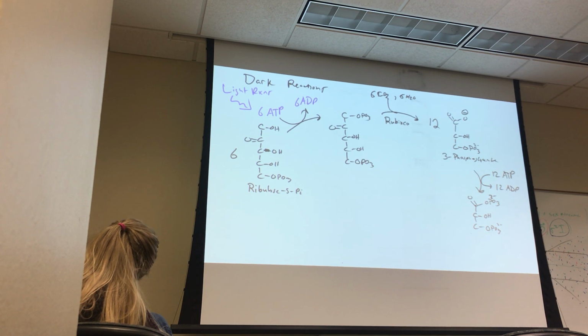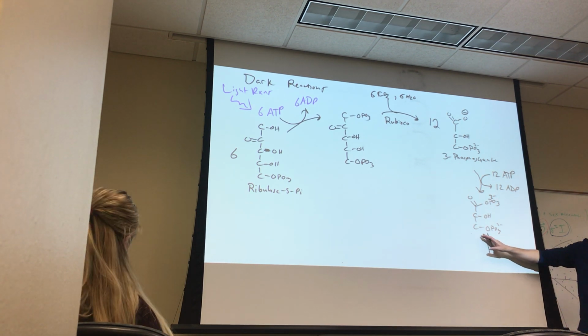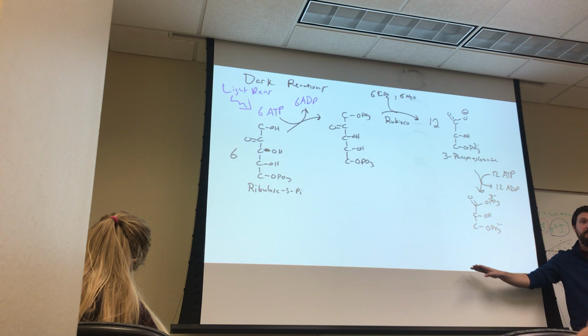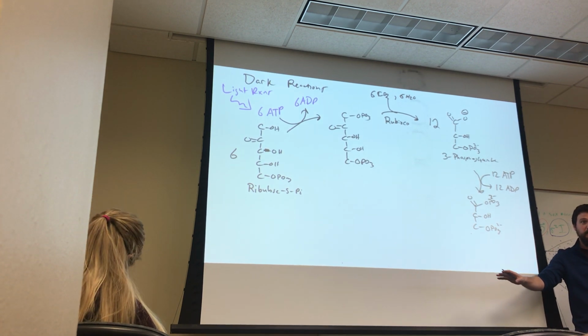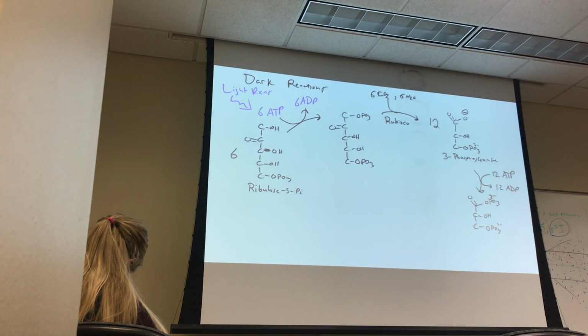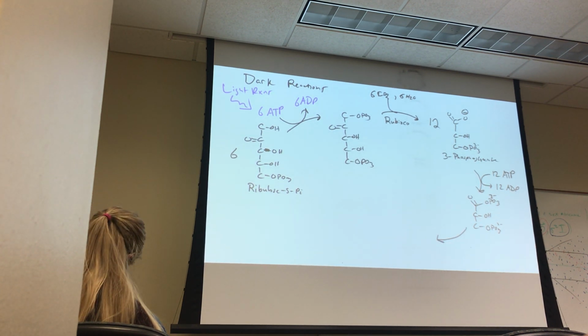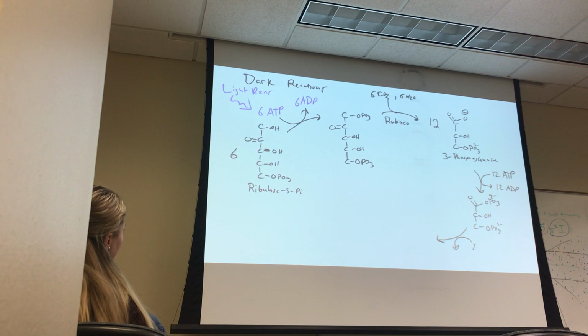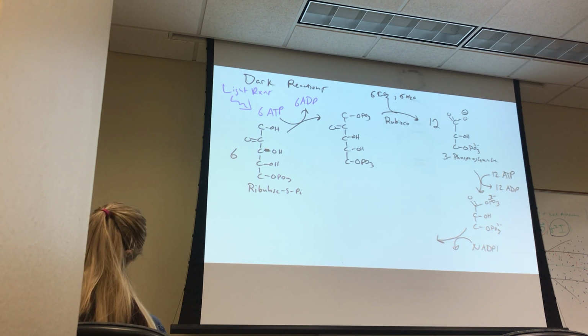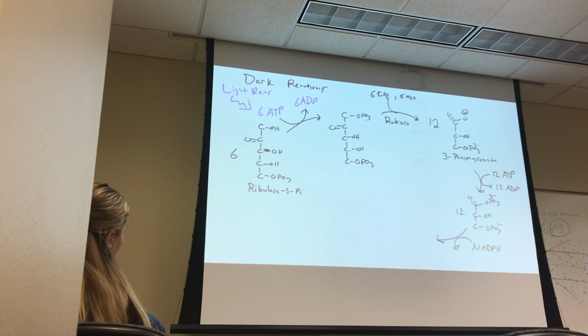And then the next step is we want to convert this into glyceraldehyde. This is actually the reverse step of what glyceraldehyde dehydrogenase does in gluconeogenesis. So here we're going to bring in NADPHs that we got from the light reactions.